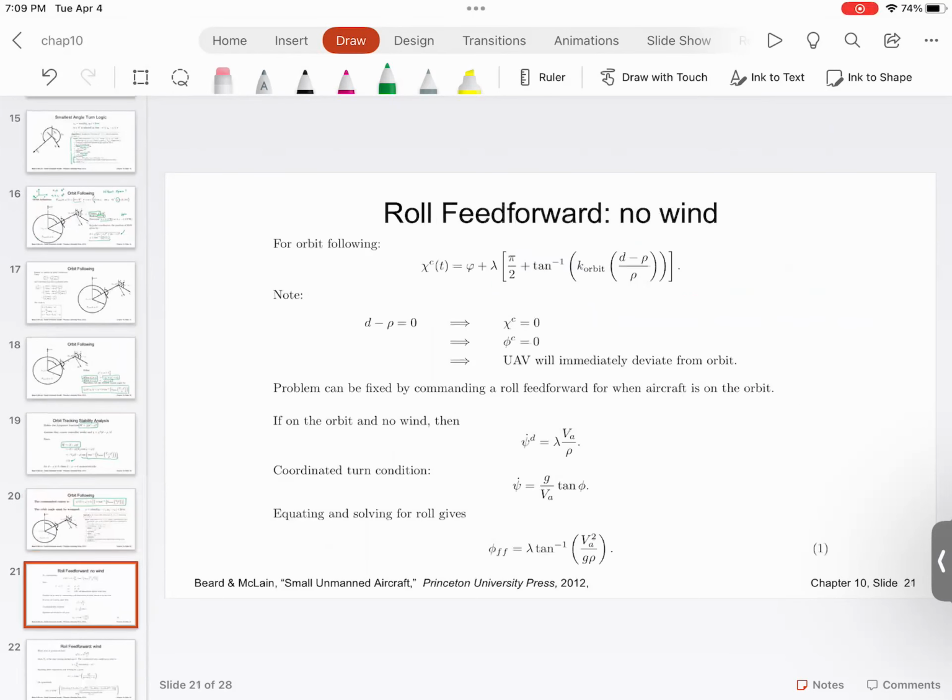Okay, and again, the problem here is you can make this more complicated by adding a few more terms, and then you actually add the effect of something called the roll feed forward. What it means is you get some non-zero error because of parasitic effects.